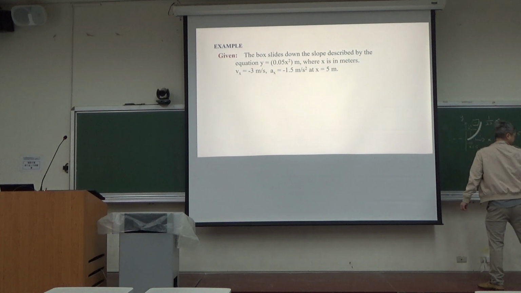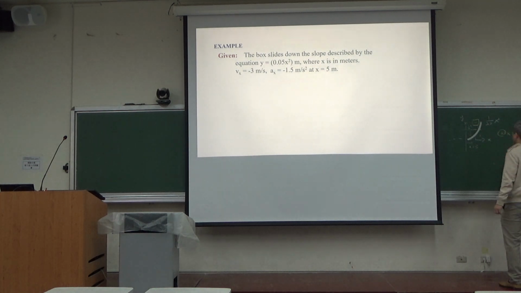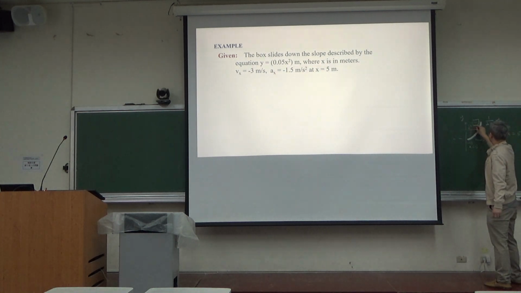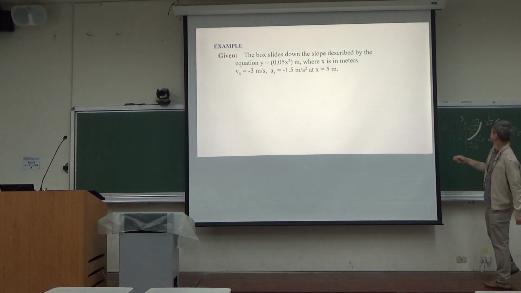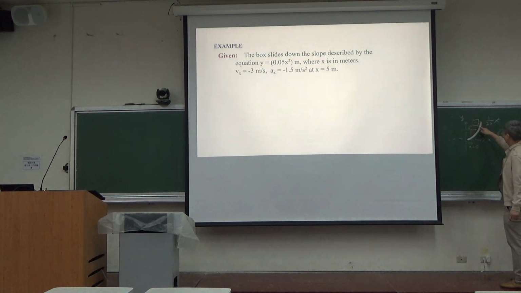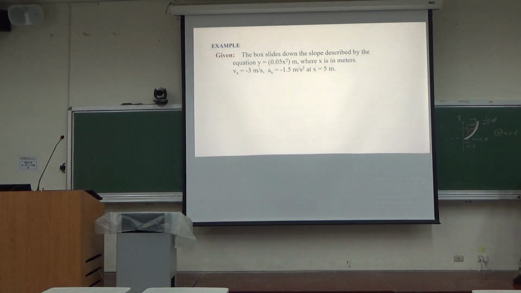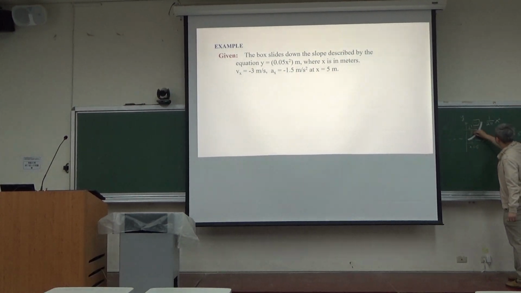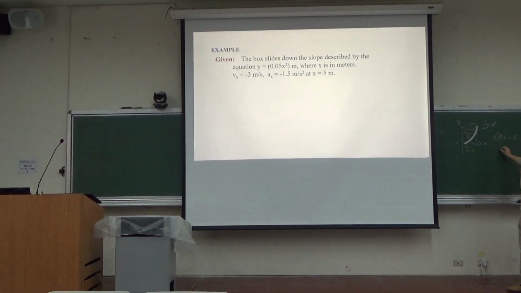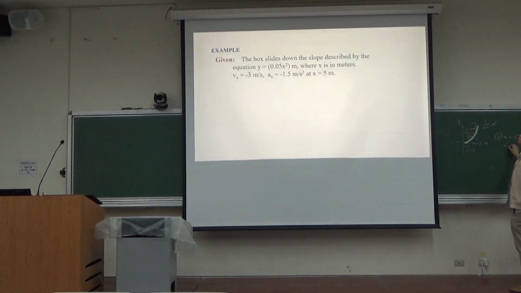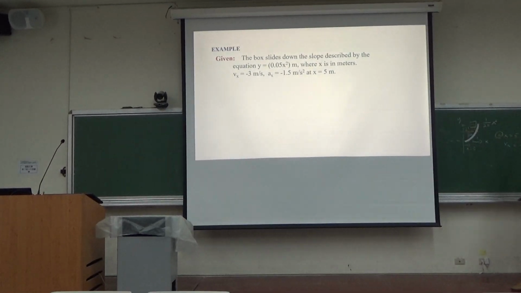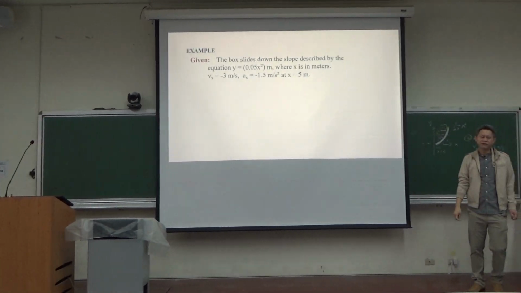You got the speed at that point. This is going to be tangent to the slope. But here, it tells you something different. It tells you the horizontal speed component, which is -3 meters per second.